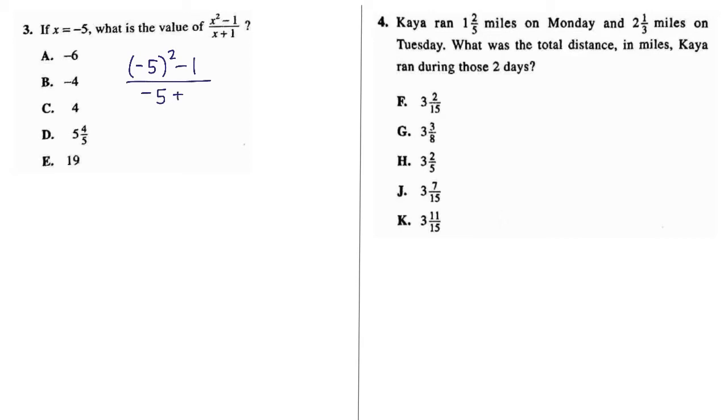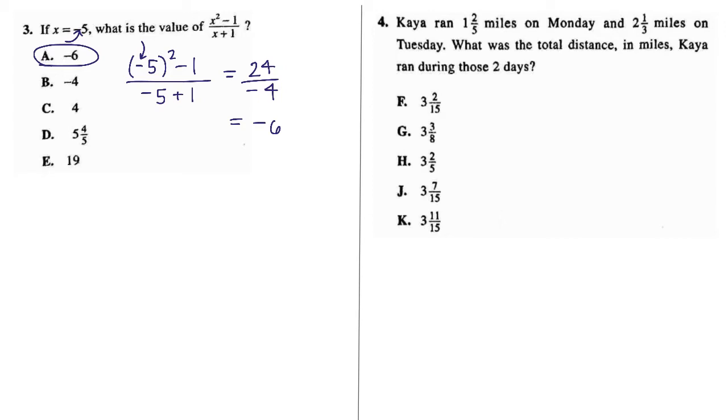Without parentheses, this negative is not going to be included, and we need it included because that's what x is equal to. So let's see, we would get positive 25 minus 1 over -4, so I should get a value of -6. Okay, moving on to the next.